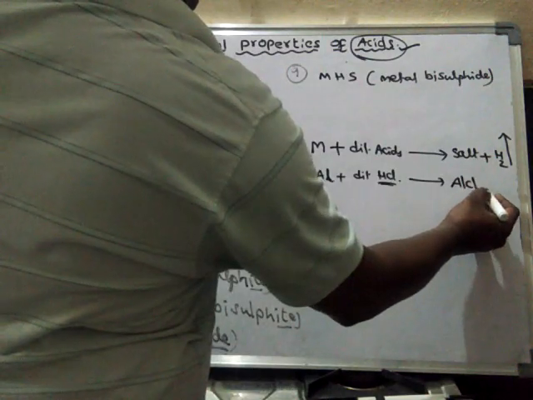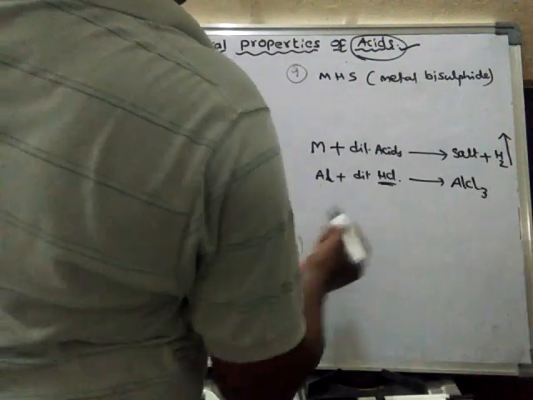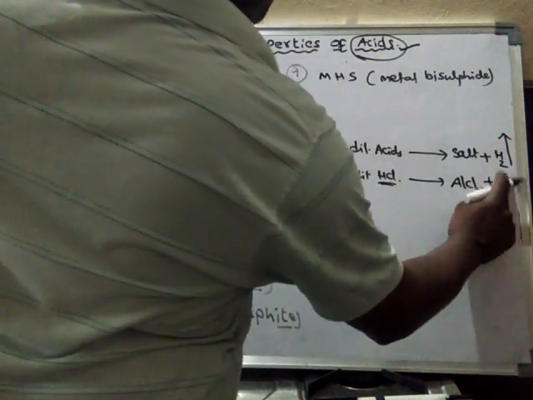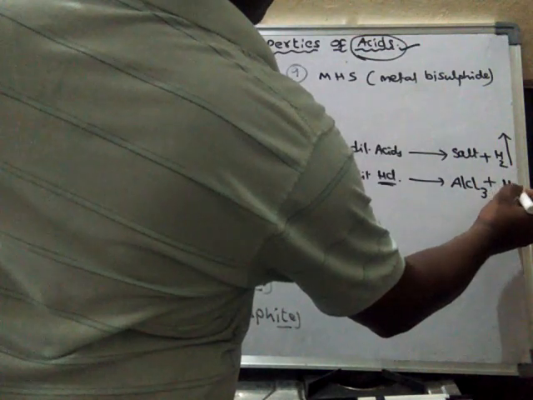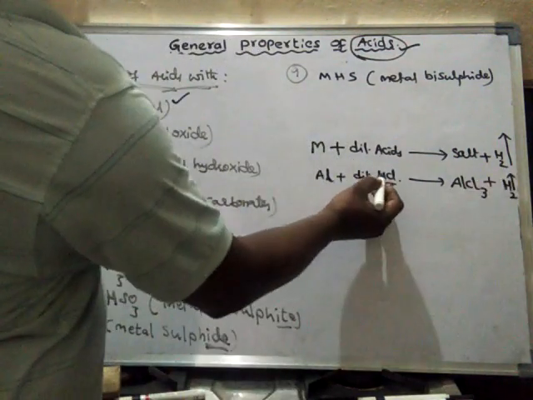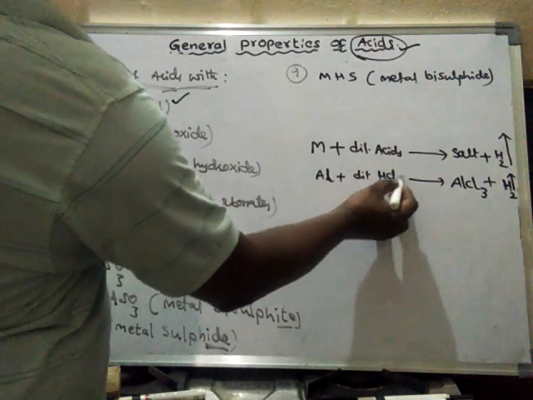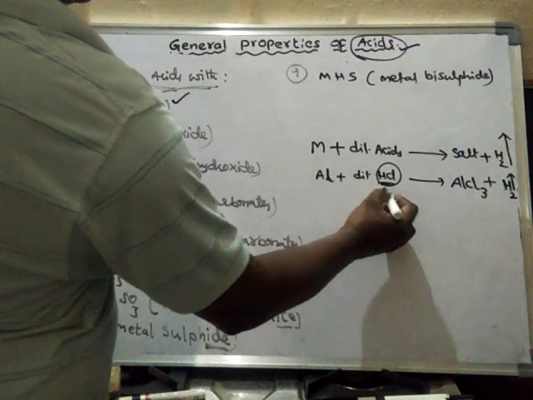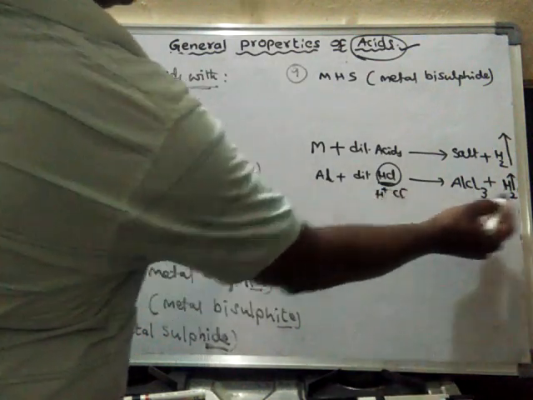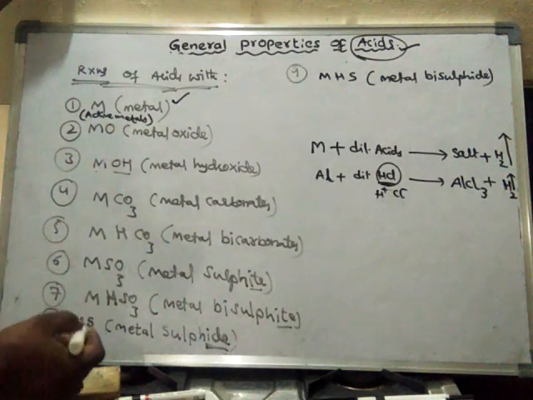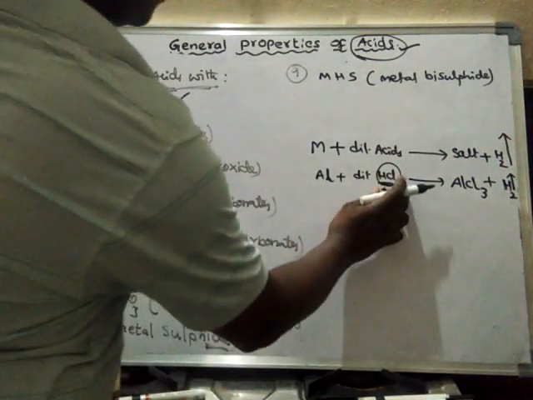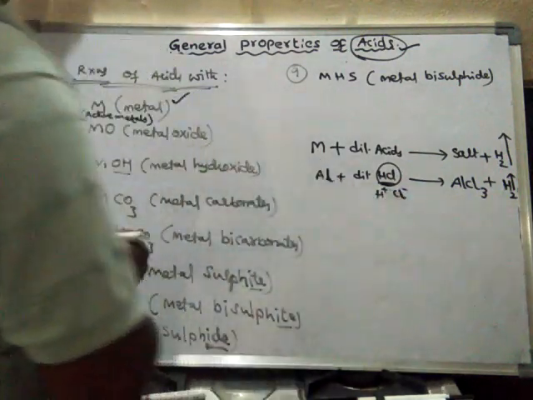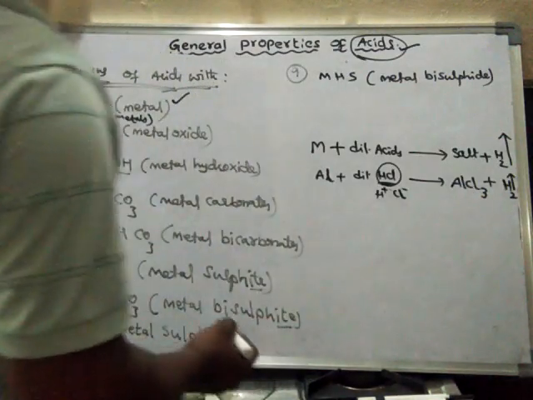It is aluminum chloride, AlCl3, and hydrogen gas is liberated. So the HCl breaks down into H plus and Cl minus, hydrogen is liberated in the form of H2 gas, and chlorine will combine with aluminium to form aluminum chloride.